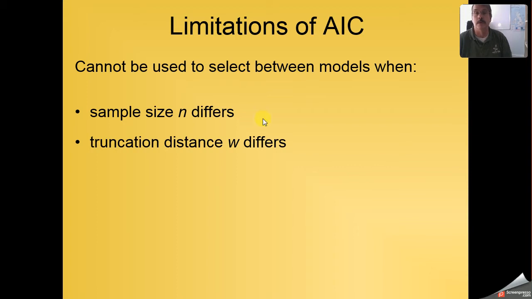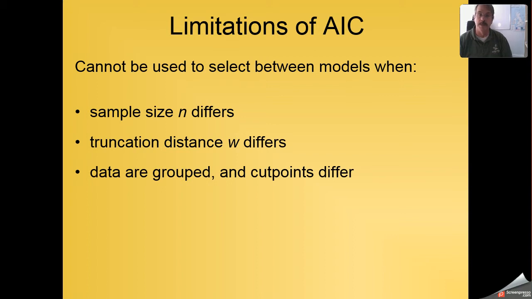When we employ truncation, the number of data points in our samples change. And so for a model where we truncate 10% of our data contrasted with a model where we truncate 25% of our data, the sample sizes differ, and because the sample sizes differ, we can't use AIC to say which is the preferable truncation distance, because we change our data, we change our sample when we change our truncation.